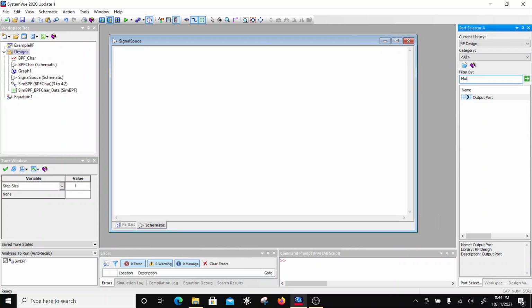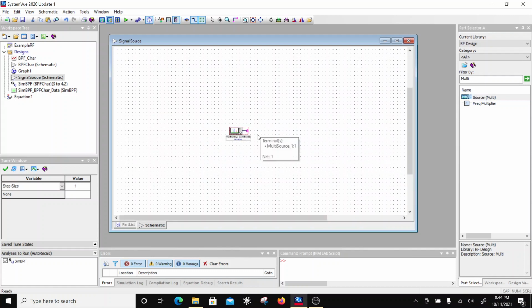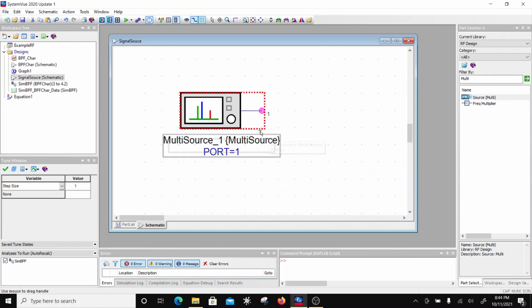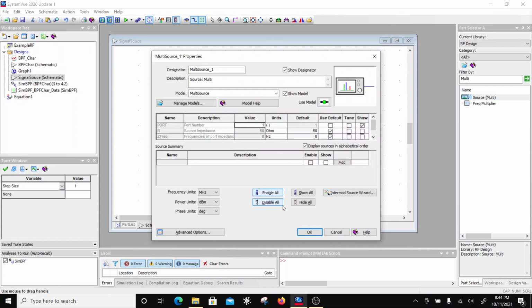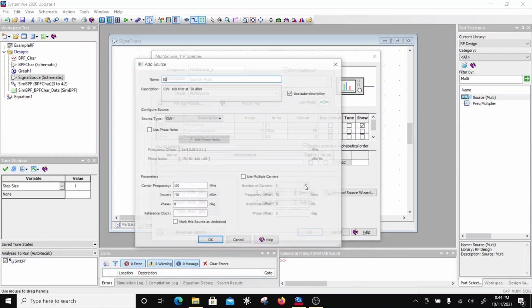There is a multi-source here, which can be configured as any source if you want. If you double click it right now, there is no source added, right? And here what you have to do is add a source.